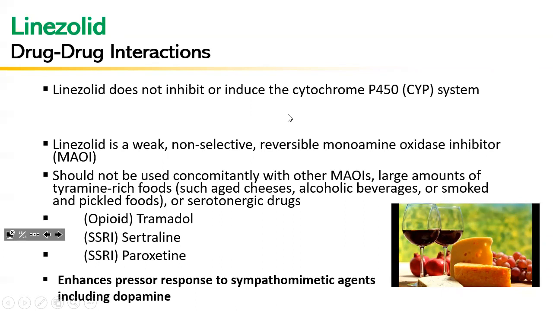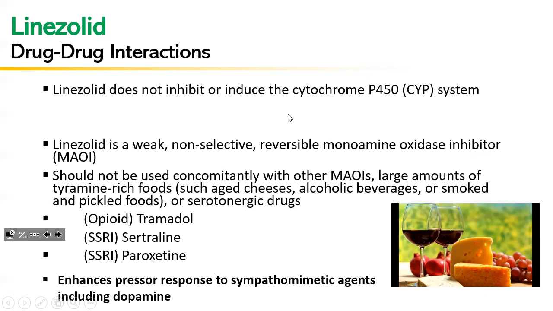Also, patients receiving linezolid should be instructed not to eat yellow cheese. The yellow cheese is rich in tryptophan. You know what tryptophan is? It's one of the amino acids, a base for the serotonin and the dopamine. So we do not want to allow the body to synthesize more serotonin and dopamine.